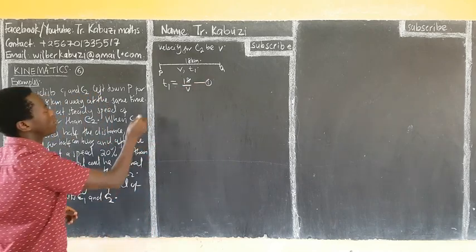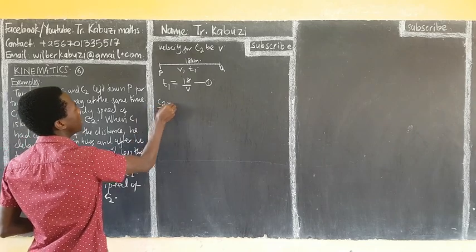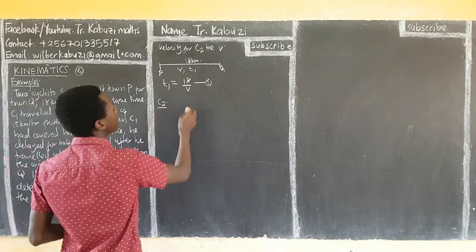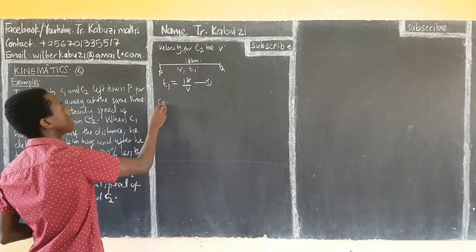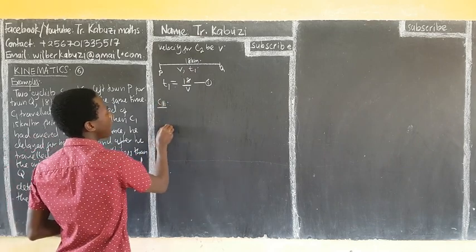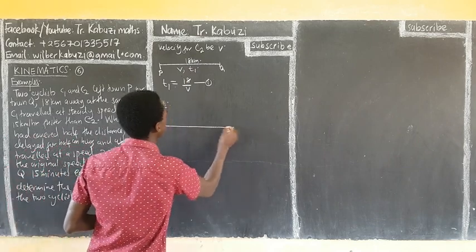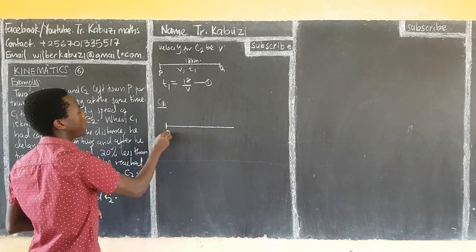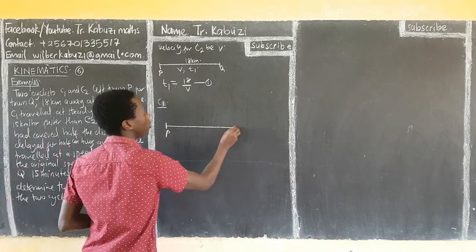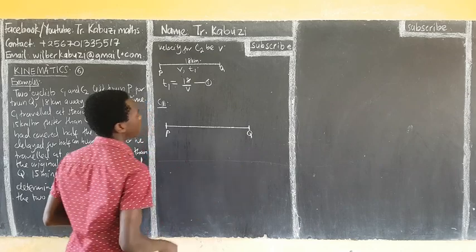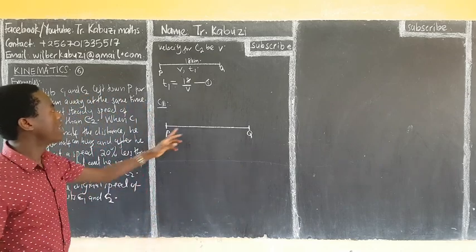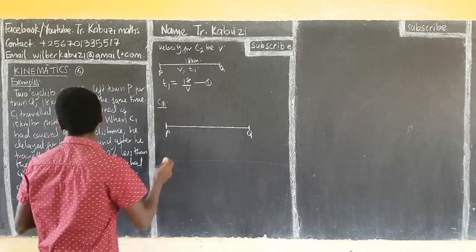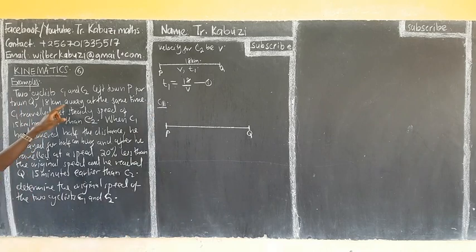When it comes to C2, for him, C1, cyclist 1, he is having some cases in there. So if this is P and this is Q, of course the distance is 18. But this man, C1, left town P, 18 kilometers away.